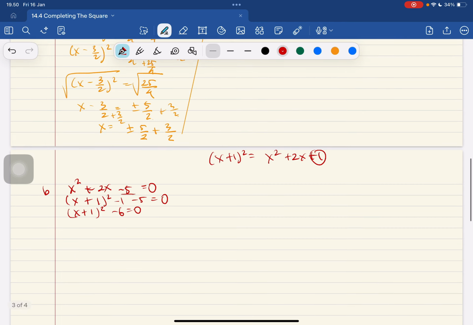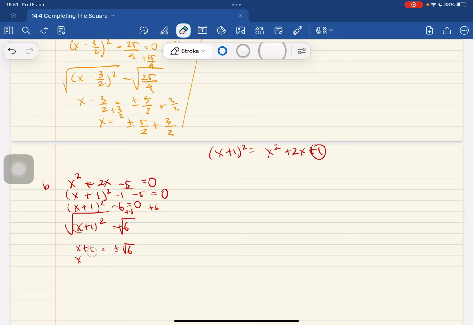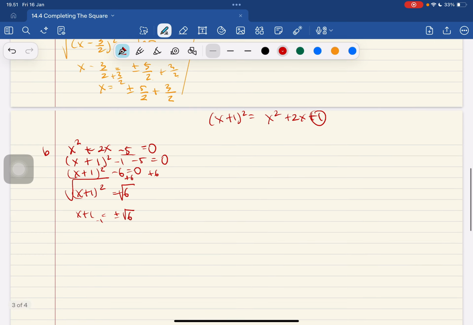Let's add 6 to both sides. It's going to be x plus 1 squared equal to 6. To get rid of the square, we take the square root. So x plus 1 equal to plus or minus the square root of 6. There is a 1 on the left side, so we subtract 1 from both sides.